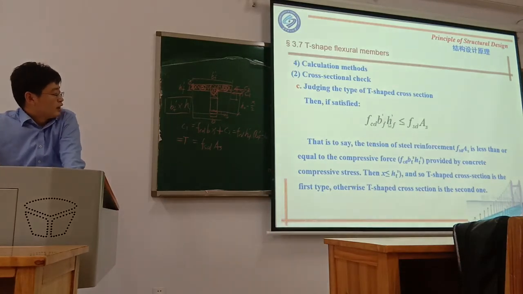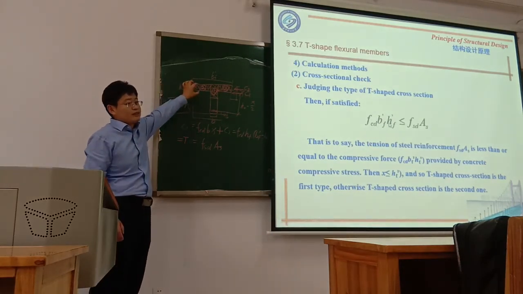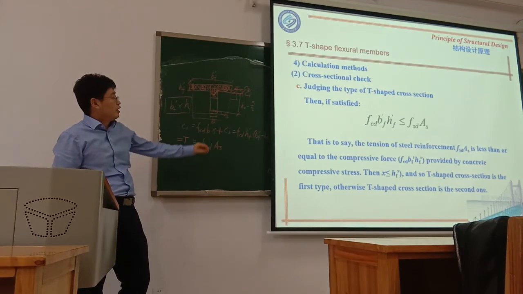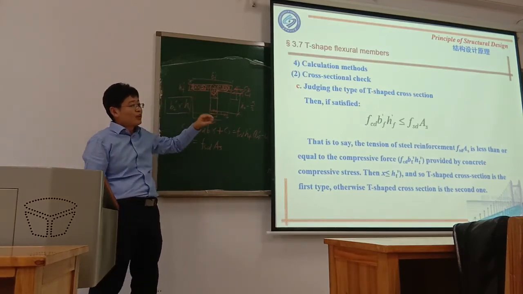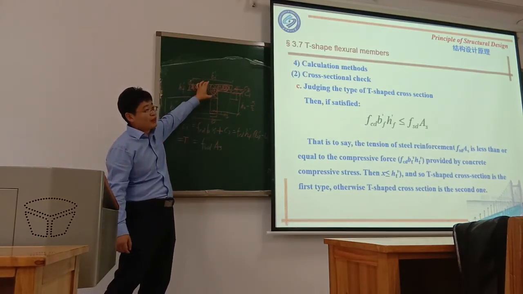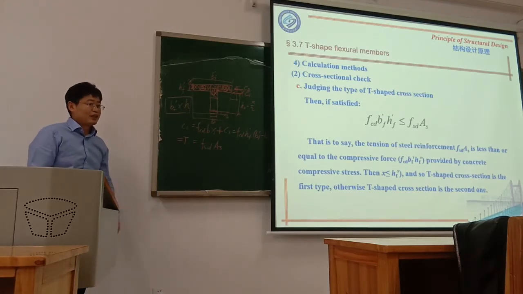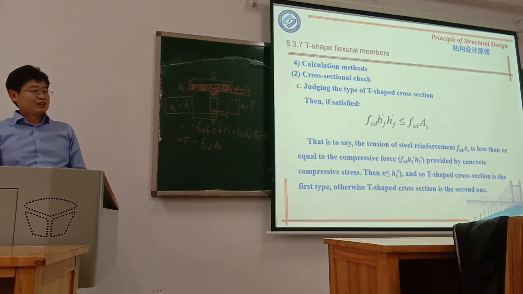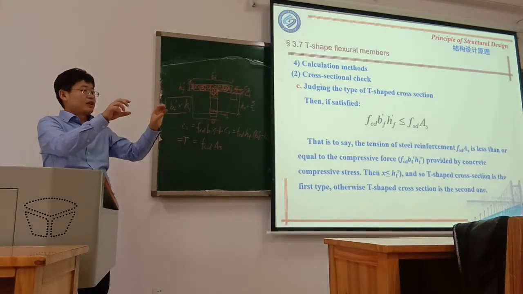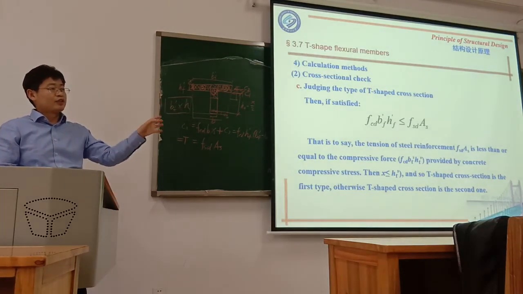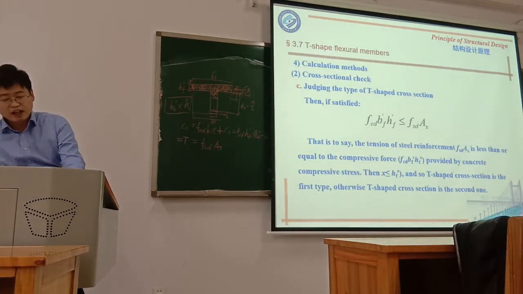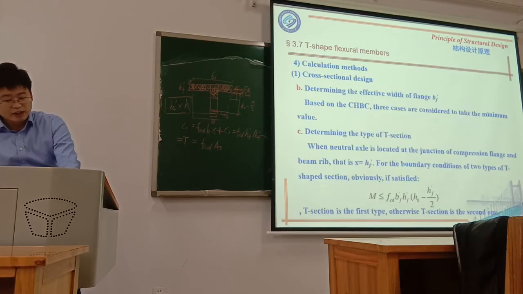This part is the compression force. So if this compression force is smaller than this, that means not enough, and it belongs to type 2. So here we compare the forces, the tensile force and the compression force, while just now we compared the moments.